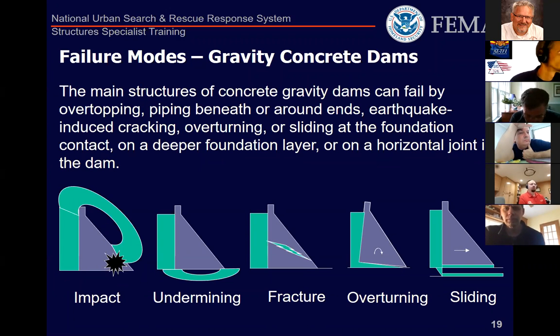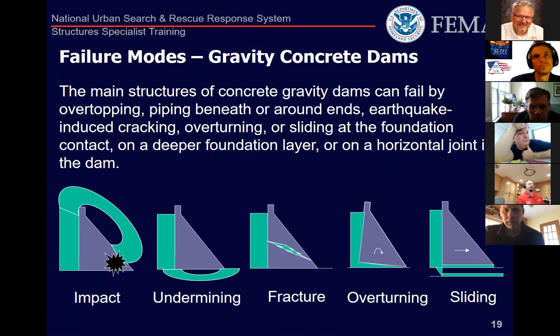For concrete dams, these are the ones, as you see, the five below: impact undermining, which is basically the impoundment finding a way to get underneath the dam. A fracture, if there's a crack in the upstream face or the downstream face. Overturning, or if the dam were to physically rotate.